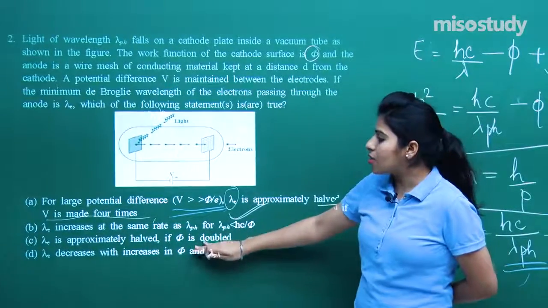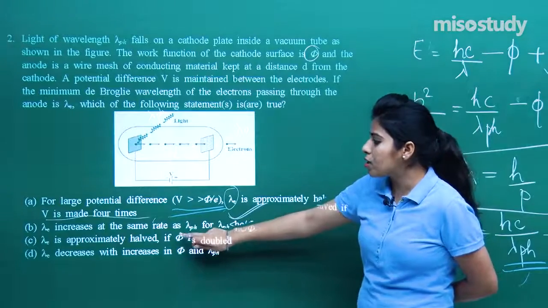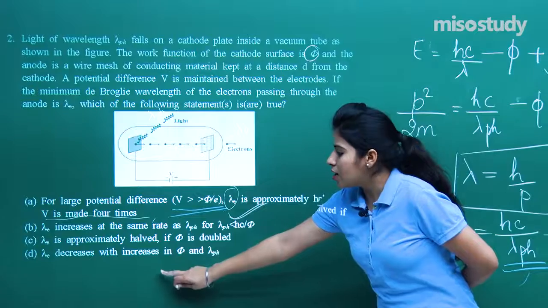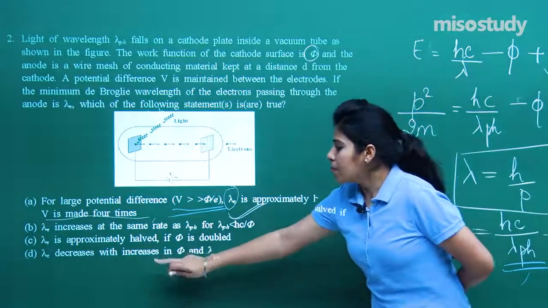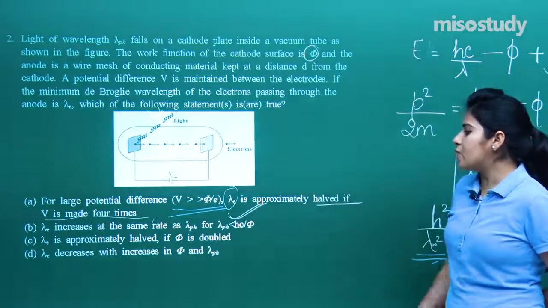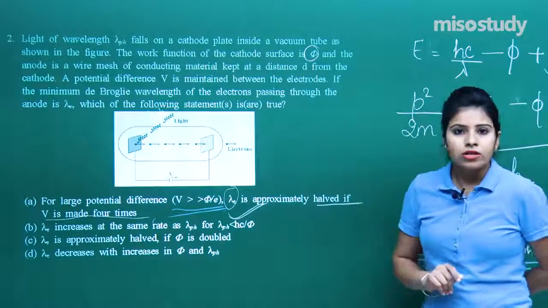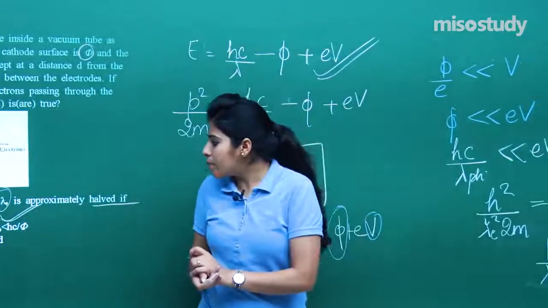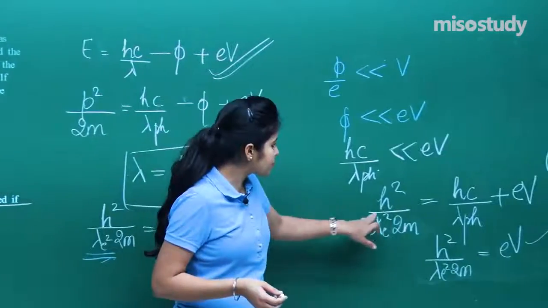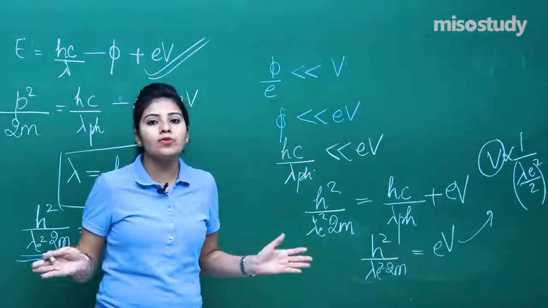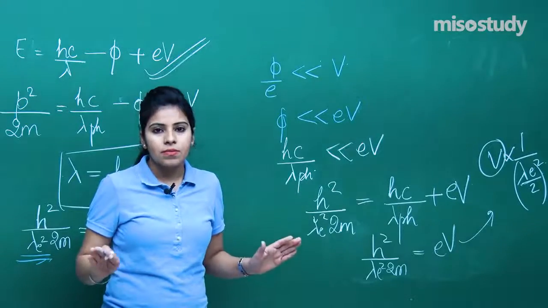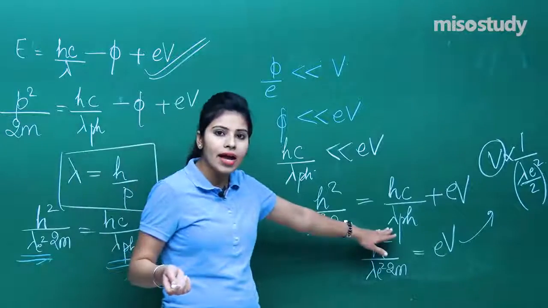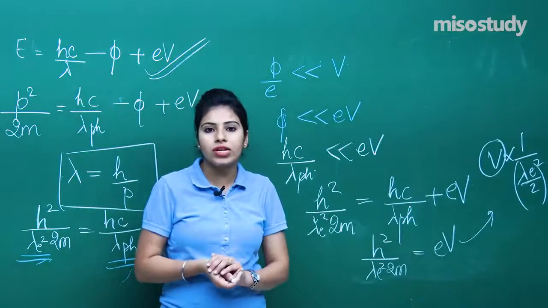While I look at the options B, C and D, first of all let me start with D. Lambda E decreases with increase in phi and lambda pH. I can see here that there is no relation between lambda pH and phi, so this option has been deducted, because there is no relation up to here between lambda and phi, so I cannot correlate with that.